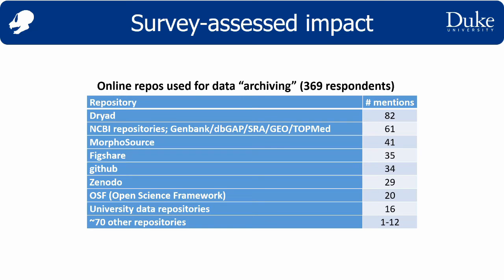And so I've ordered the repositories mentioned by the count of responses. So you can see Dryad, not surprisingly, is the most popular repository here. And remember, this is a broad community. And possibly not surprising, NCBI, i.e. GenBank, is number 2 here.